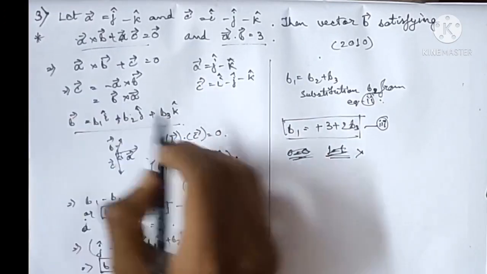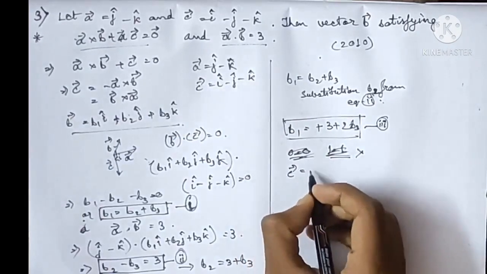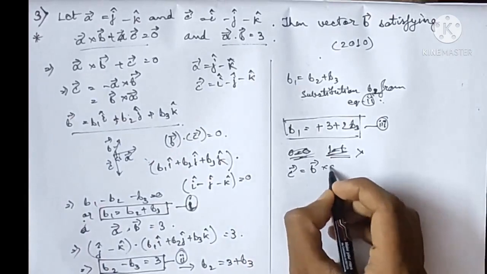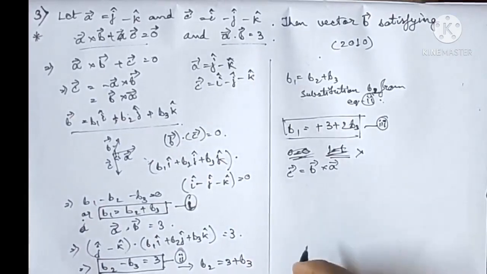Okay, so this C vector is equal to B vector cross A vector once again.